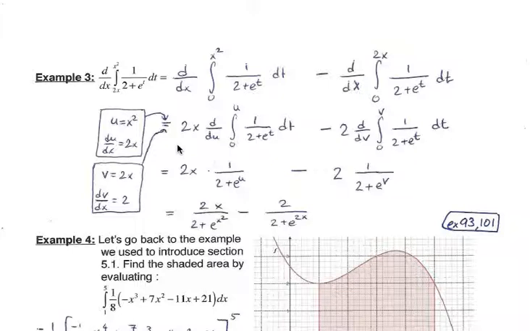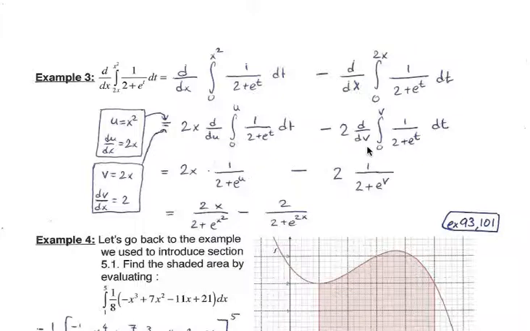I'm going to repeat exactly what I did in example 2 for the first part. I'm having u equals x squared to have a u here. Du dx is 2x, which I can change, and now this 2x times d du integral from 0 to u is simply 1 over 2 plus e to the power of u.